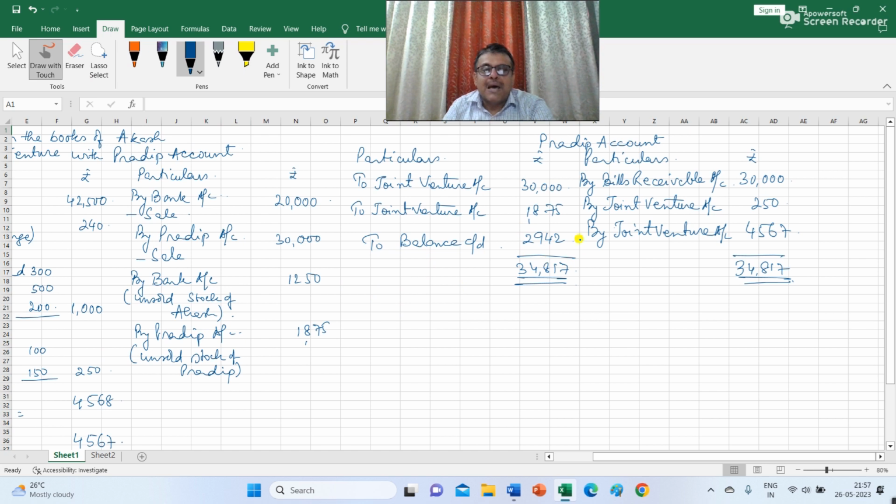What does this balancing figure represent? This is basically the credit balance here. So I can record it as by balance b/d 2,942. This is a credit balance, which means that Pradeep is a creditor of Akash. This is the amount which is due from Akash. So amount due to Pradeep is rupees 2,942. This amount will be paid by Akash to Pradeep in due course of time.